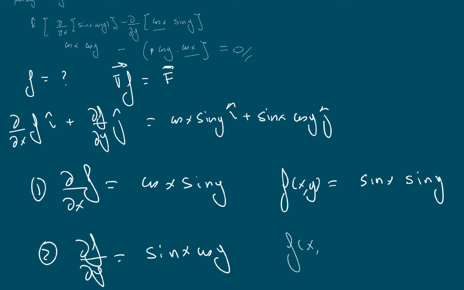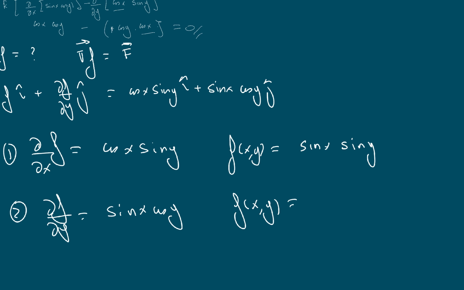Who is f of x, y? Well, here I can add a function that depends on y, so the partial derivative with respect to x will be zero anyway. And now, who is the function whose derivative with respect to y will be sine of x cosine of y? It will be sine of x sine of y, the derivative of sine is cosine. Perfect.